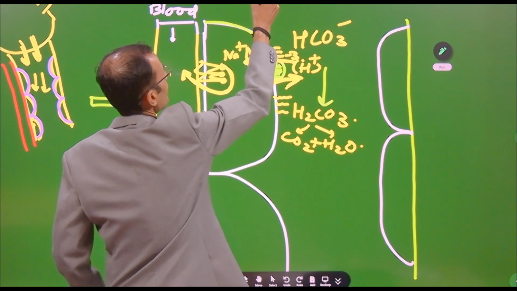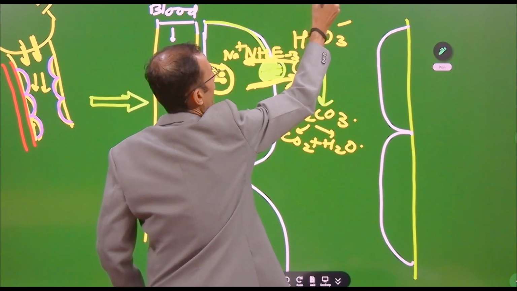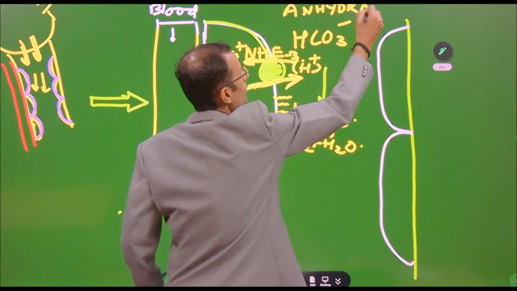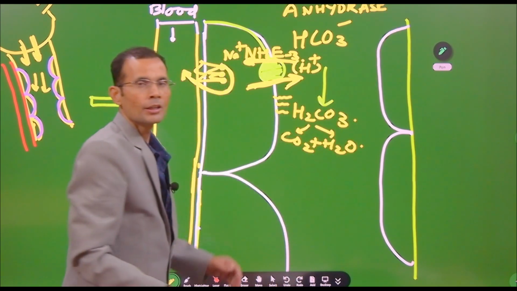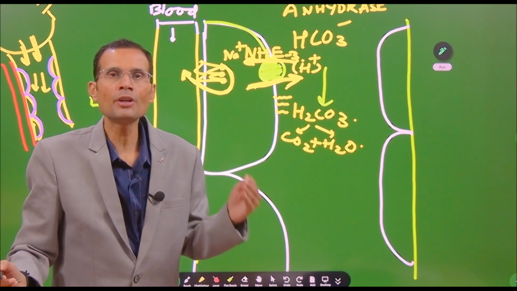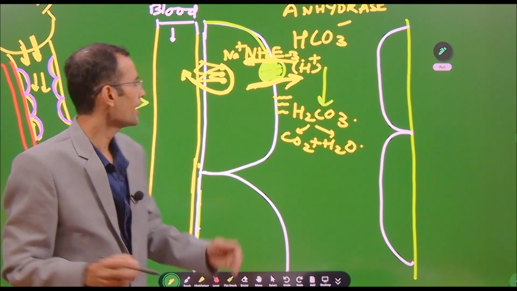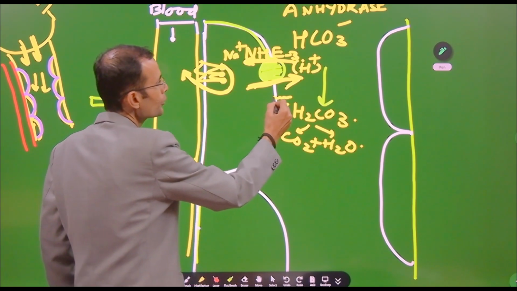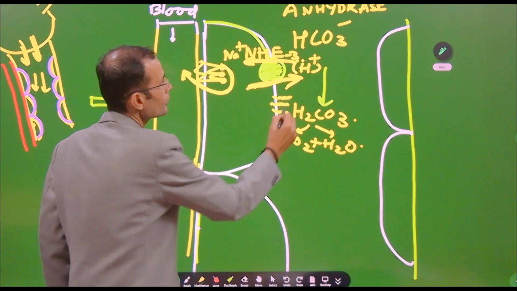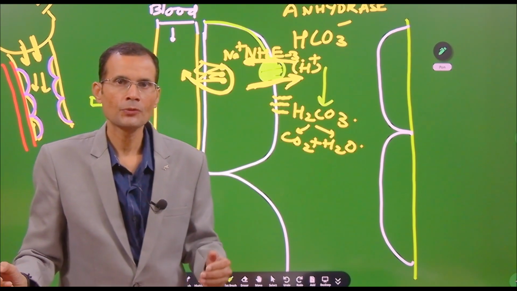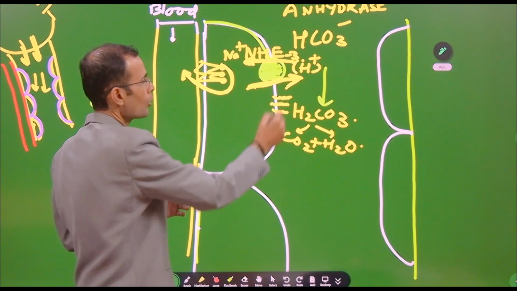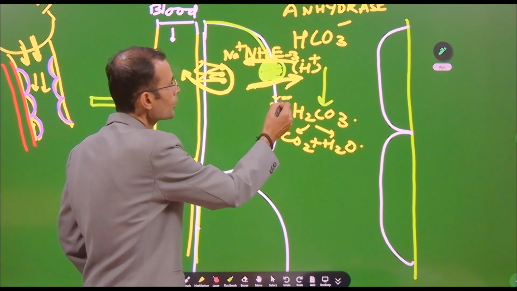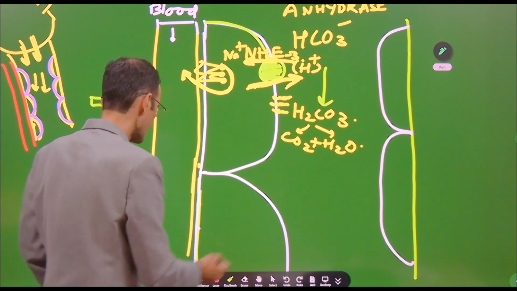Let's write it here. Carbonic anhydrase enzyme. You know what is so unique about this enzyme? It is a membrane bound enzyme, as well as present intracellularly in the cytoplasm. So here you can see that there are GPI linkages on the brush border of this cell, and this enzyme is linked to the membrane by these GPI linkages.